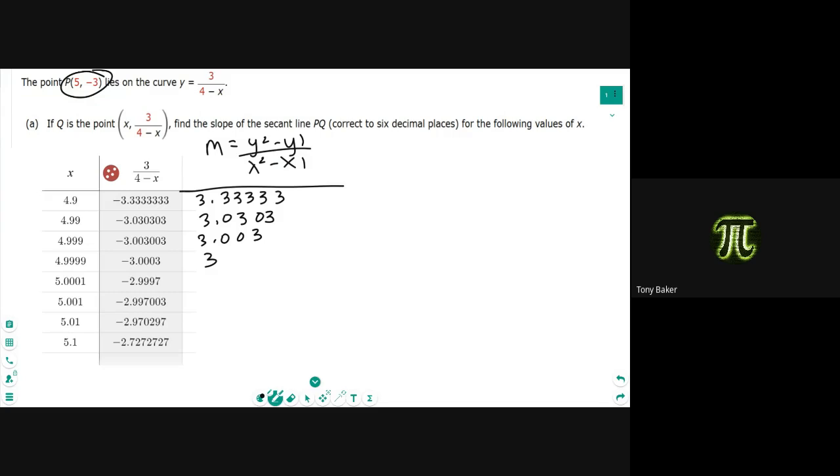All right, now I'm going to come up with the other ones. I believe they actually just reflect. Right. 2.987. Oh, that was a mistake.